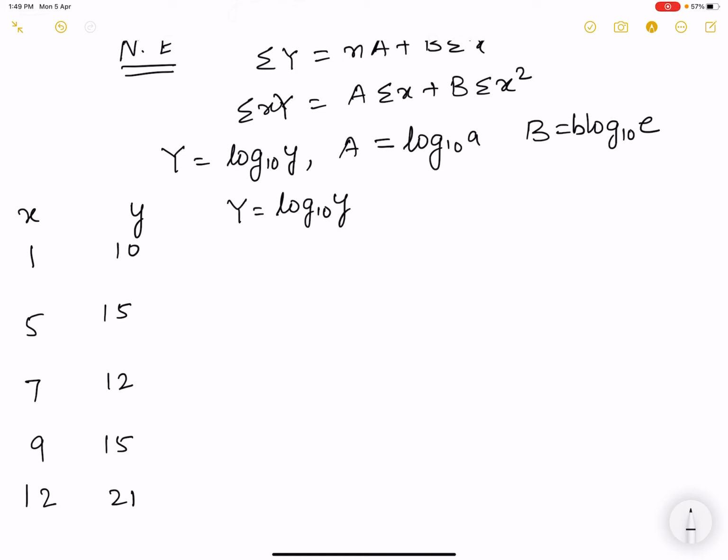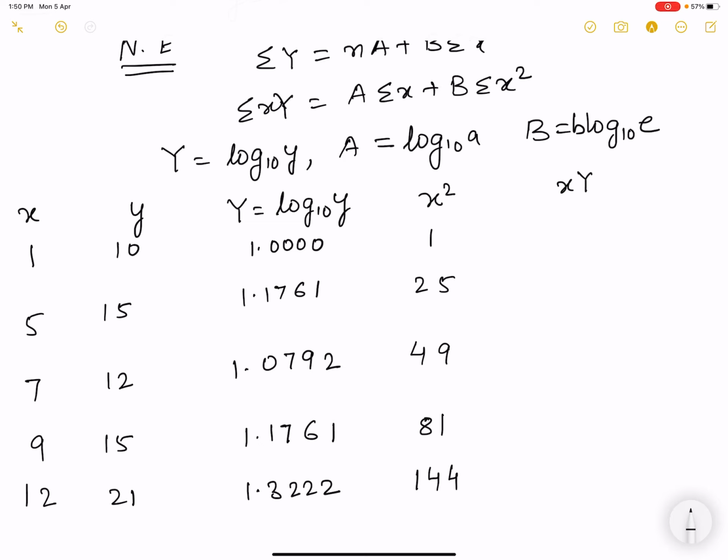You may use a calculator. Remember, it is log to the base 10. And when we find the log, it is coming out to be 1.3222.